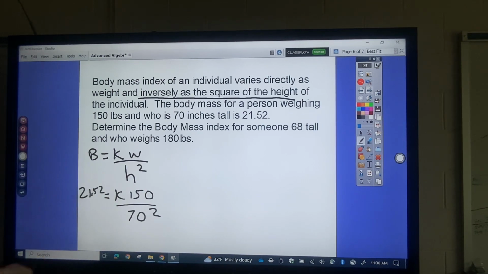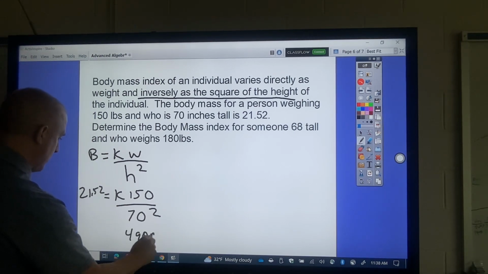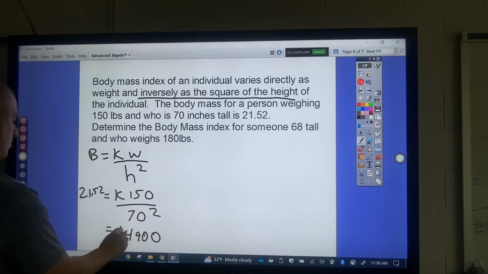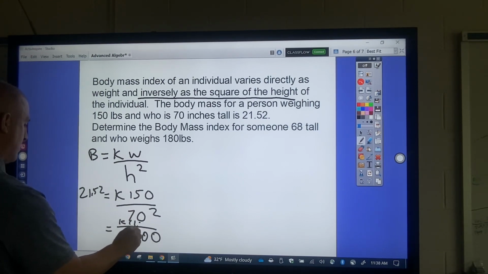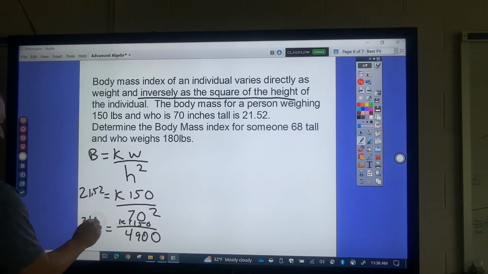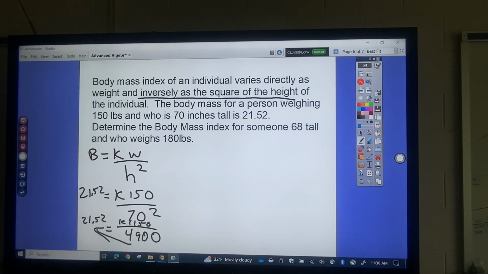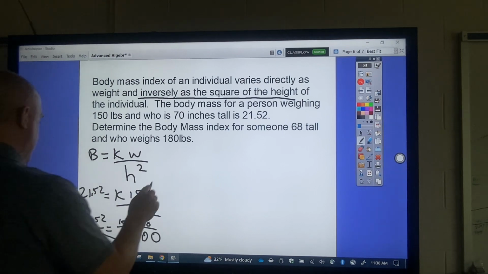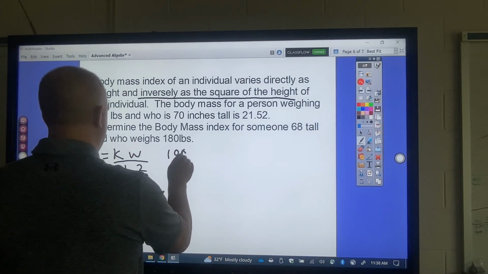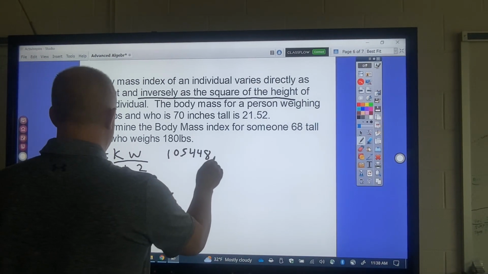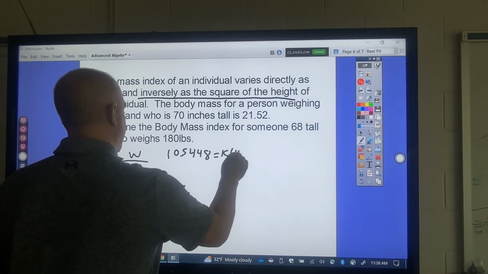Now I need to figure out what 70 squared is. That's 4,900. So 4,900 times 21.52 equals k times 150. I cross multiply that up: that's 105,448 equals k times 150.